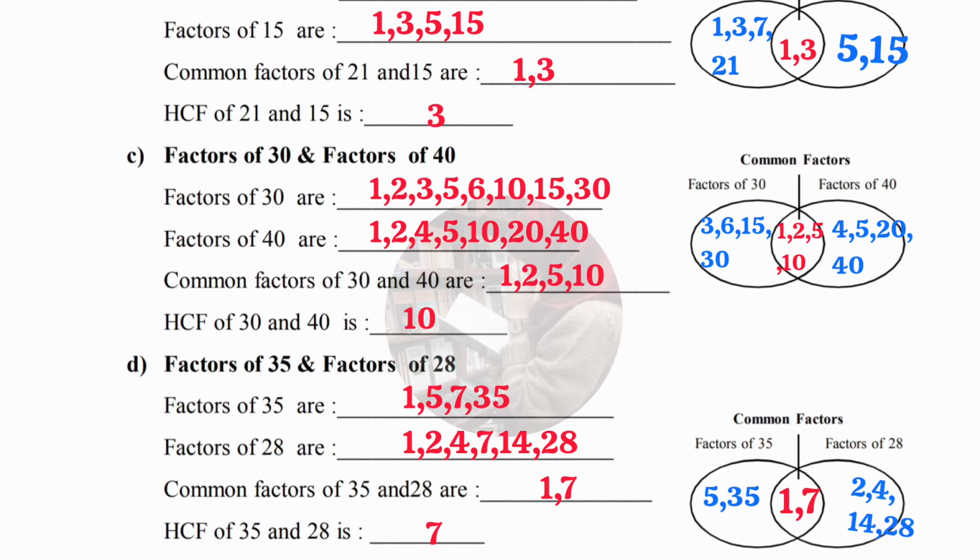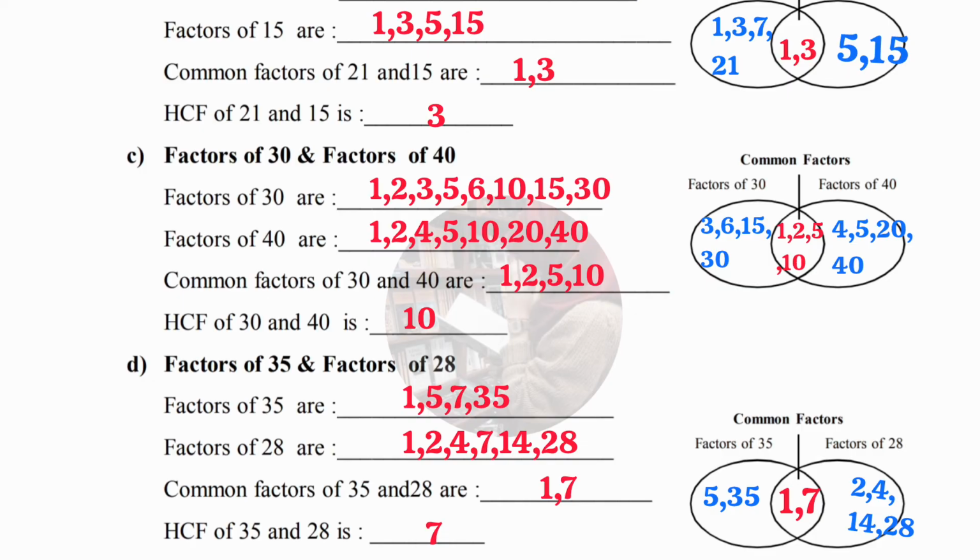This one we have to show in diagrammatic form. Write the factors of 21 in the first circle and the factors of 15 in the other circle. Then in the intersection part of the circles, write the common factors of both numbers. And the third and fourth questions, please do them by yourself.